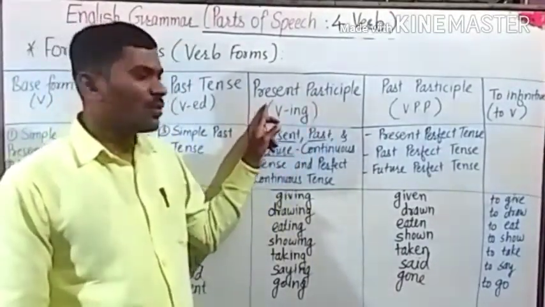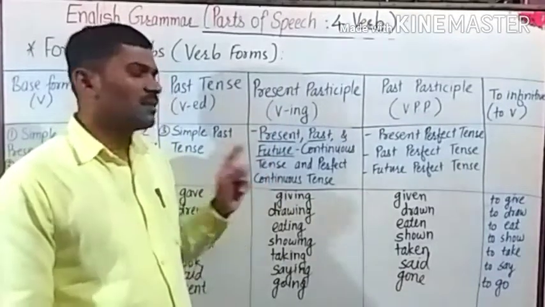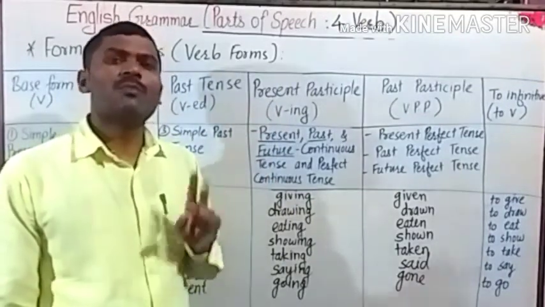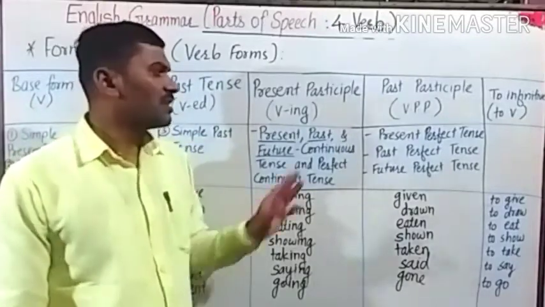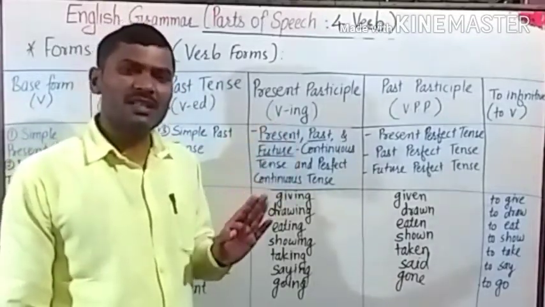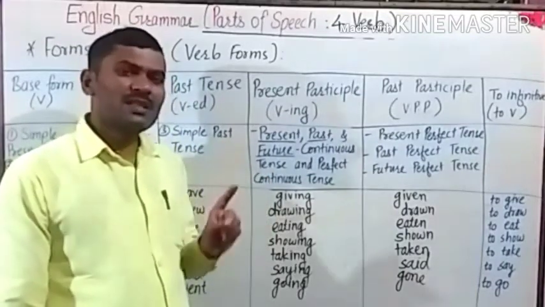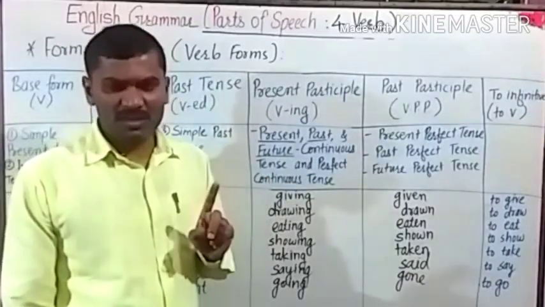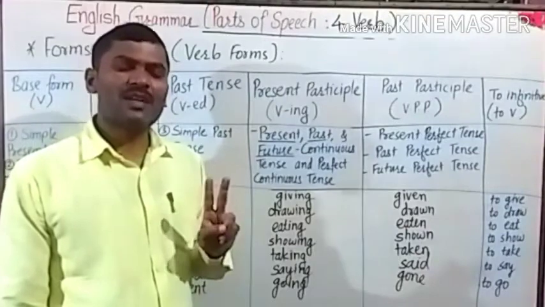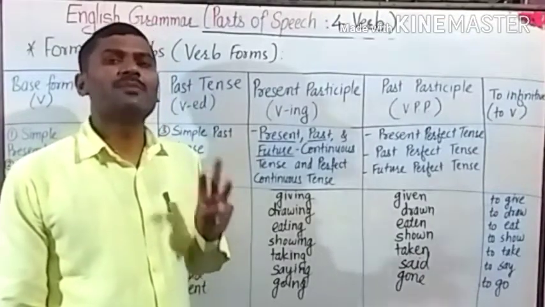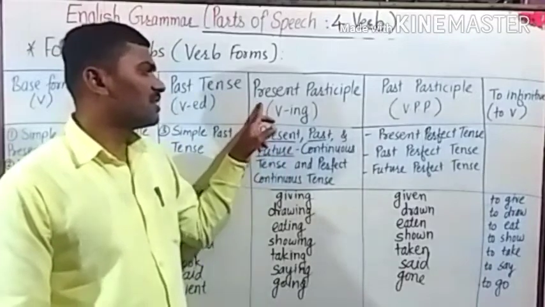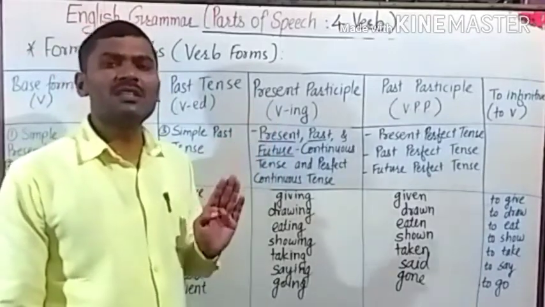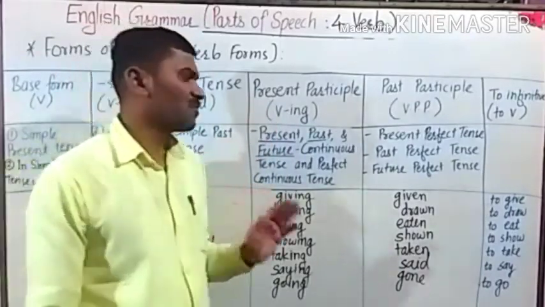This form is used in present continuous tense, past continuous tense, and future continuous tense. This form is also used in present perfect continuous tense, past perfect continuous tense, and future perfect continuous tense. It means this form of verb is used in 6 tenses.